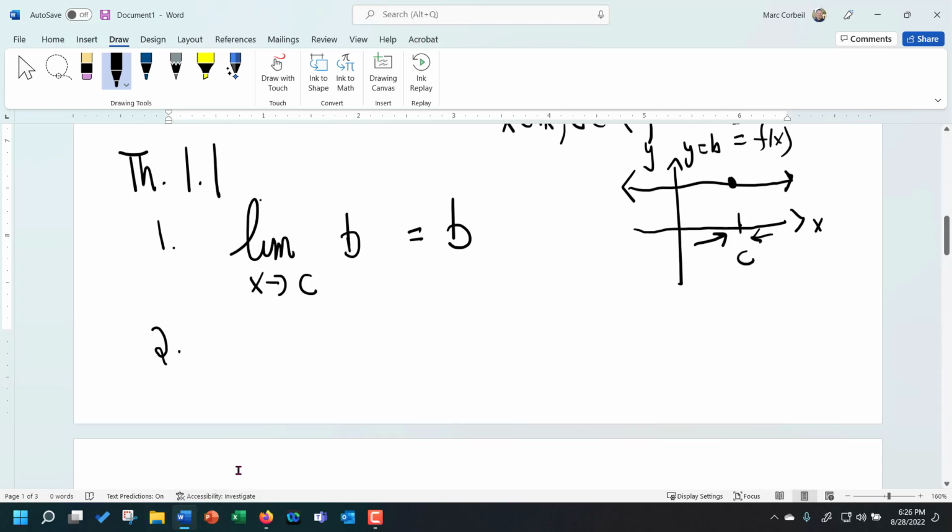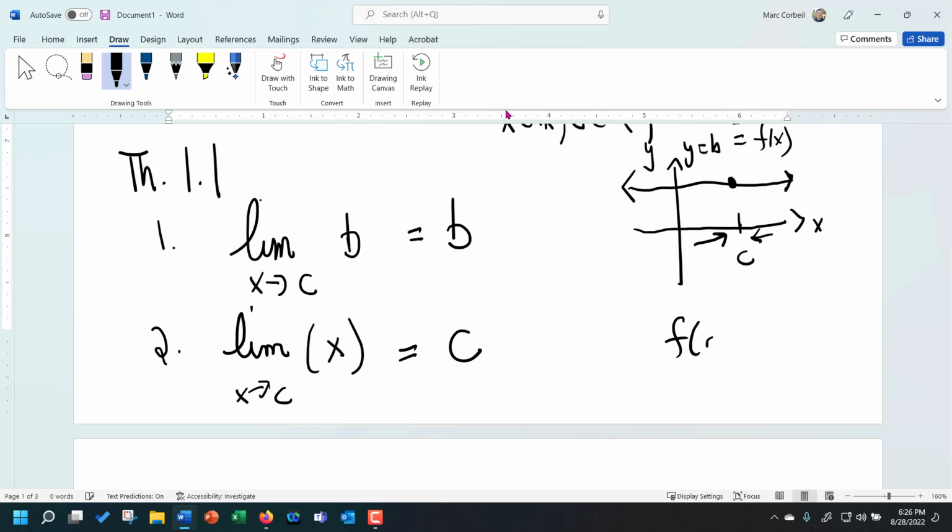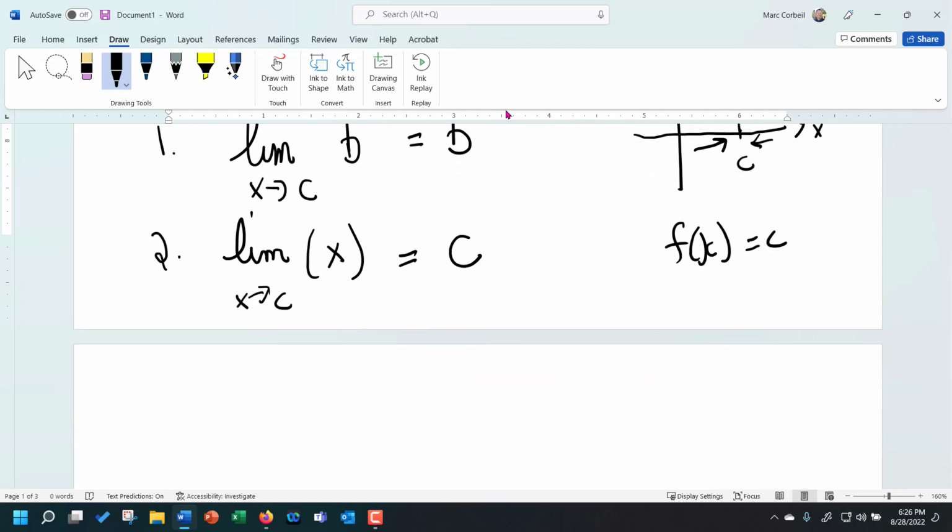The second part of this theorem is really the straight line kind of thing. So the limit as x goes to c of x. That's just the x value, and that is simply going to be c. F of x, I should say, is x, and the limit is c. And we can see that one as well, because if we were to graph this, this is just the line y is equal to x.